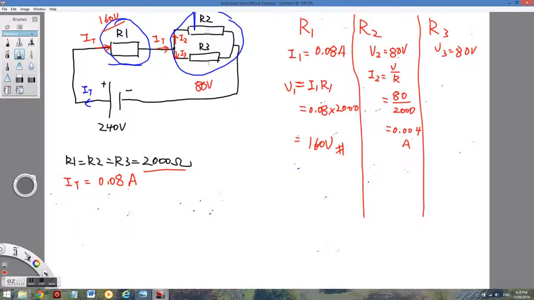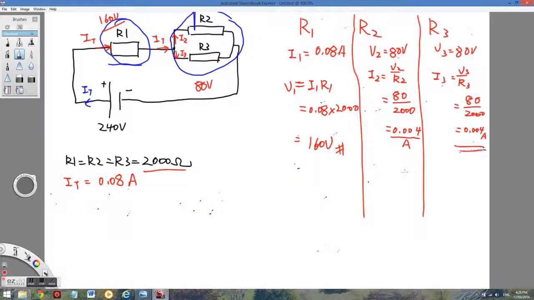It is easy because the resistances are the same. So do the same thing for I3. The answer should be the same, 0.04 amps. The idea is if you add I2 and I3, it should be the same as I1, because they split from I1.